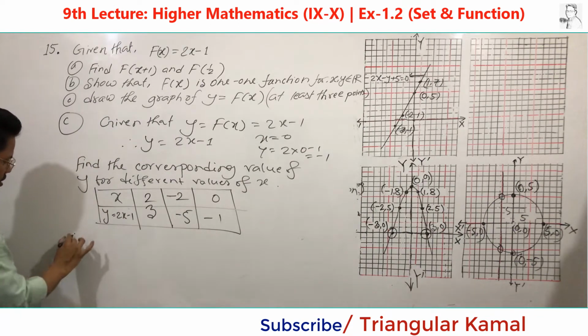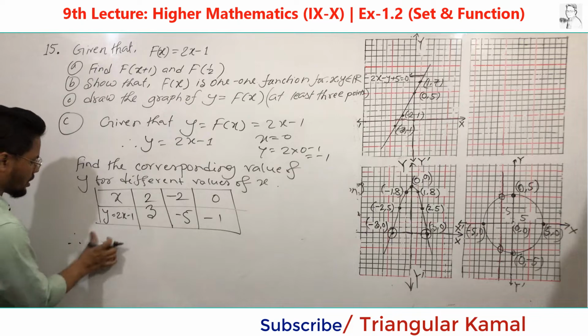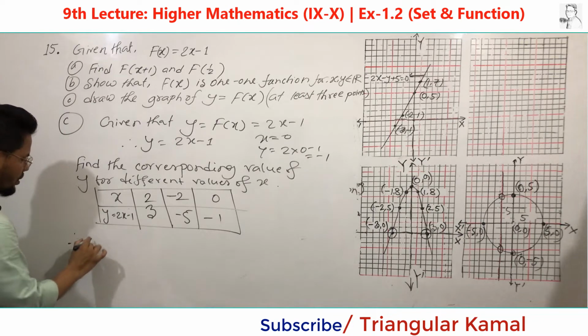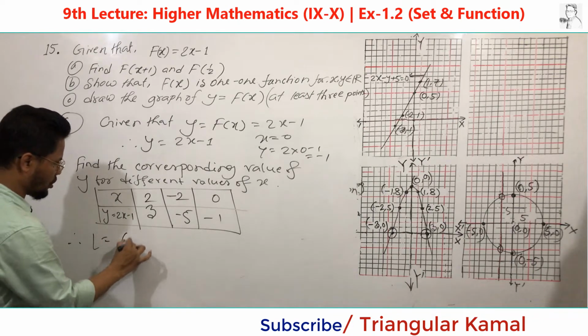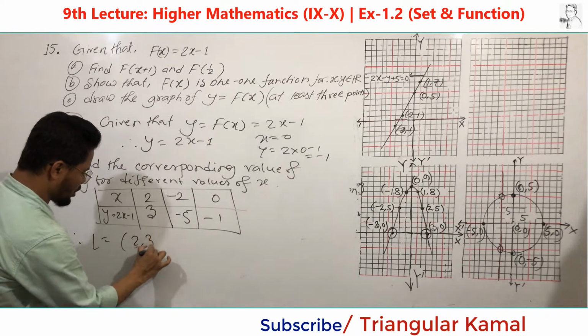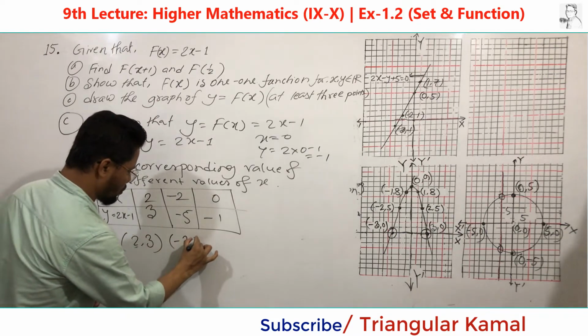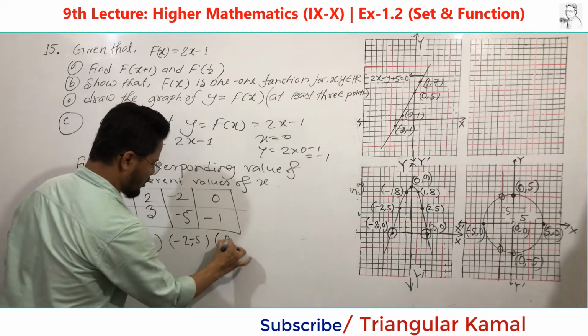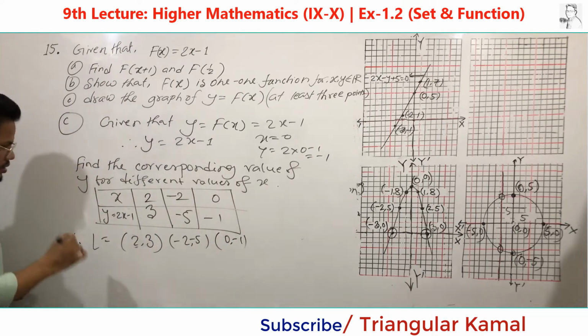So the points in the plane are (2, 3), (minus 2, minus 5), and (0, minus 1).